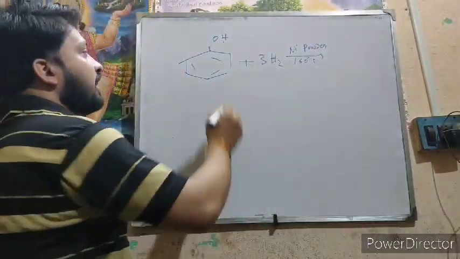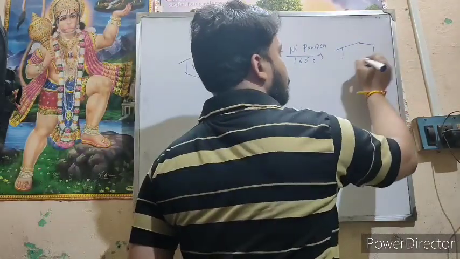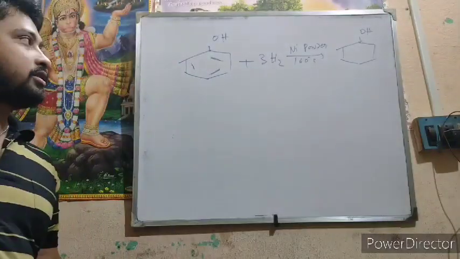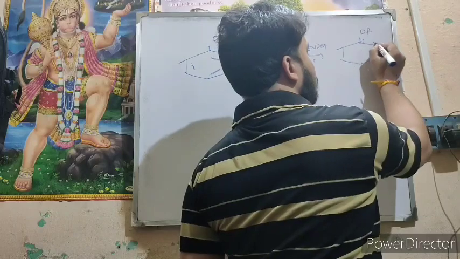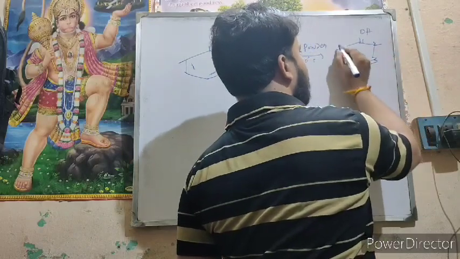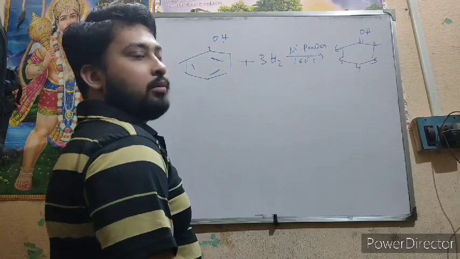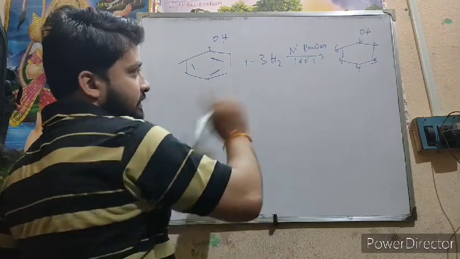What do you get? The pi bonds are broken, so you get the cyclo product, 1 2 3 4 5 6, so you get cyclohexanol. Okay, this is the reduction process.